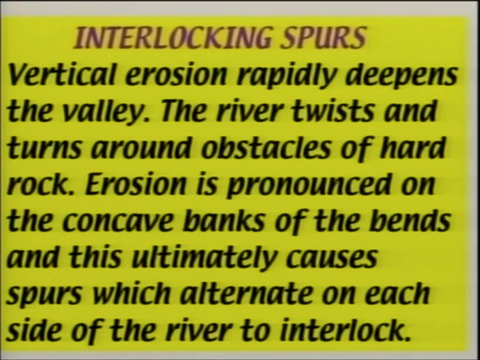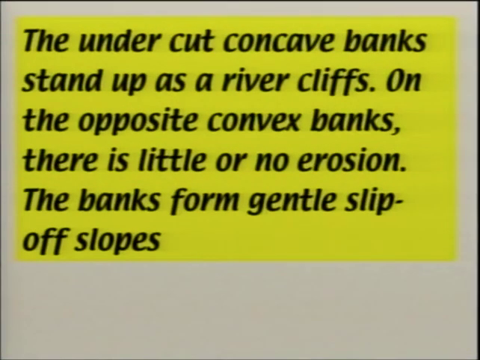Okay, more information with the formation of interlocking spurs. Note there the undercut concave banks would usually stand up as river cliffs. Meanwhile, on the opposite convex bank, there is little or no erosion. Therefore, the banks on the convex side would usually form gentle slip-off slopes.